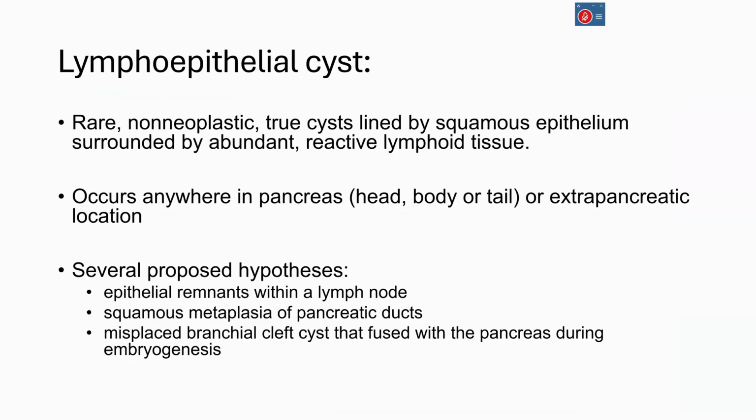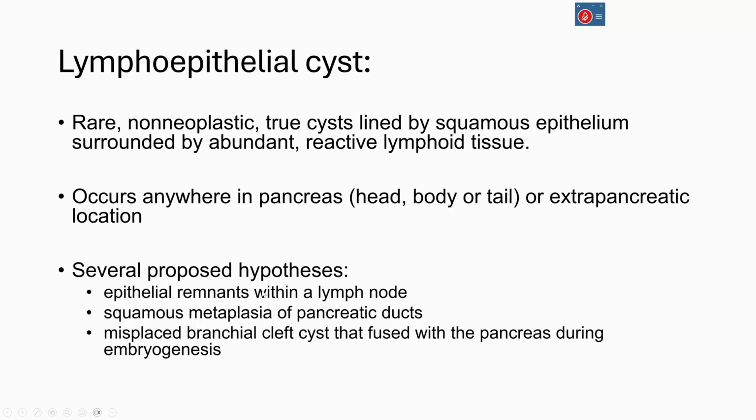Again, an uncommon benign entity, but you can have it in pancreas. I think lymphoepithelial cysts are more common in head and neck, but you can have it in pancreas as well. Non-neoplastic, but malignancy can arise from it, like squamous cell carcinoma or lymphoma. You can have an extrapancreatic lymphoepithelial cyst as well, or within the body, head and tail.